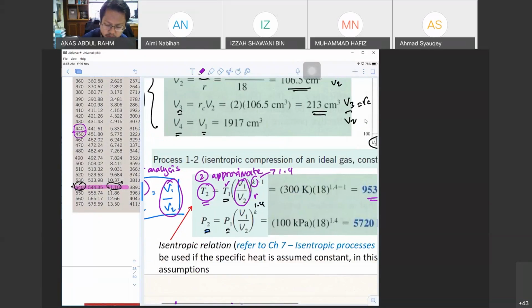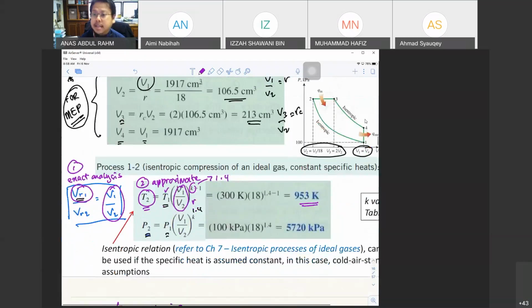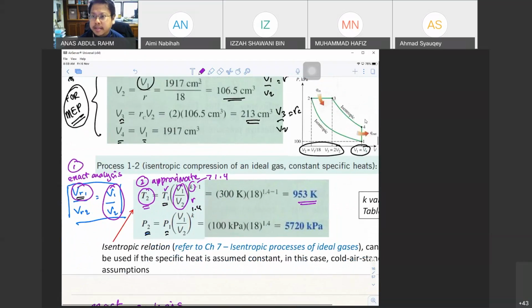So I would suggest, if possible, always go for approximate analysis unless the question asks you to use the exact analysis. Similarly, for P2, you can use the approximate analysis. You substitute the value. This is again R. Remember, there is a difference, K minus 1 over K over here.